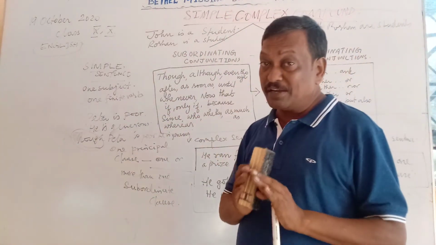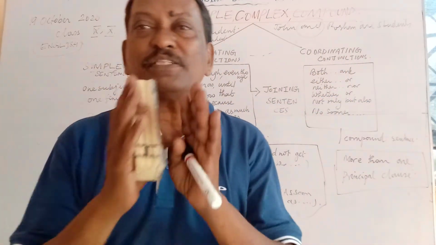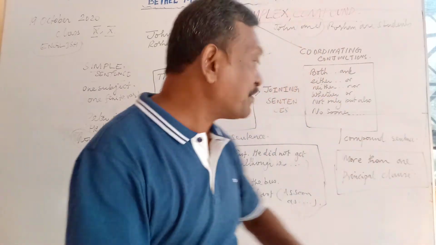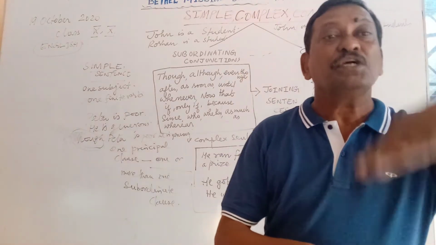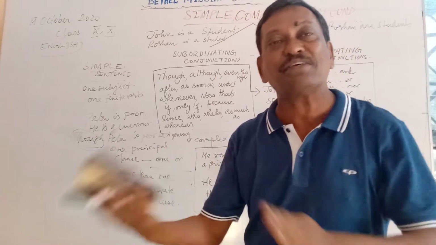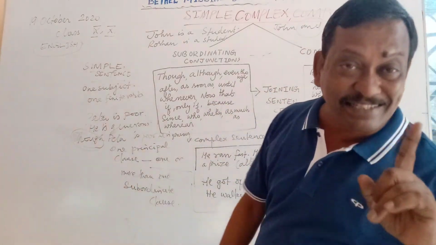And in that, I discussed the principal clause and the subordinate clause. What is a principal clause? What is a subordinate clause? You need to have a clear understanding. Otherwise, you won't understand what a complex sentence is. So the first step is you must be familiar with a principal clause and a subordinate clause. Then you will be able to follow what a complex sentence is.